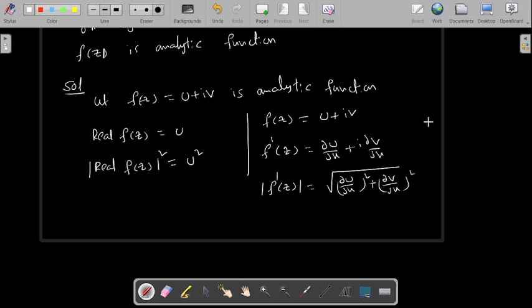It is based on this: for example, |a + ib| is the square root of a² + b². Here a is ∂u/∂x and b is ∂v/∂x. Therefore it is the square root of (∂u/∂x)² + (∂v/∂x)².